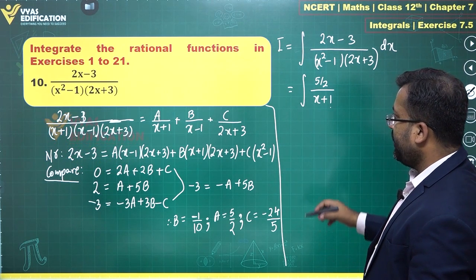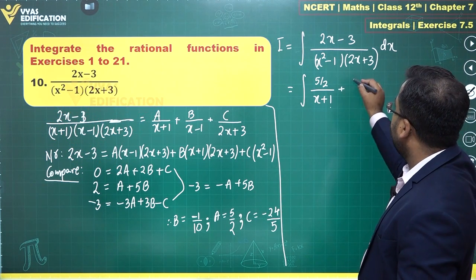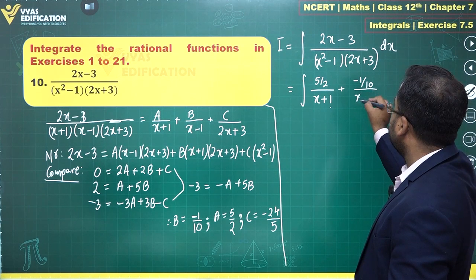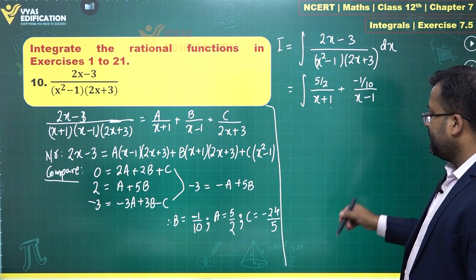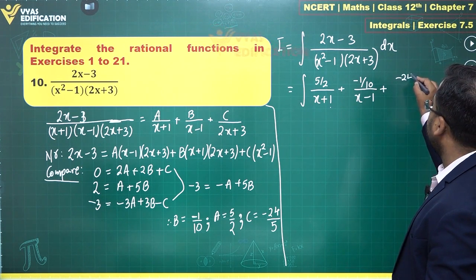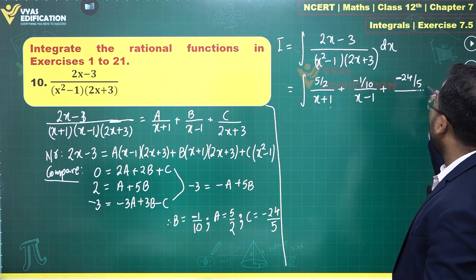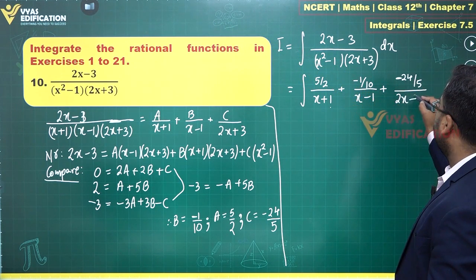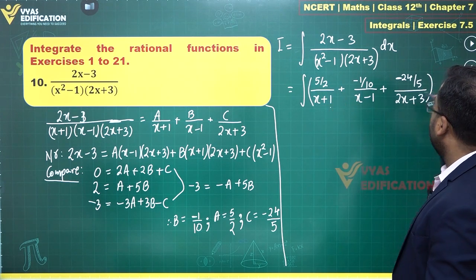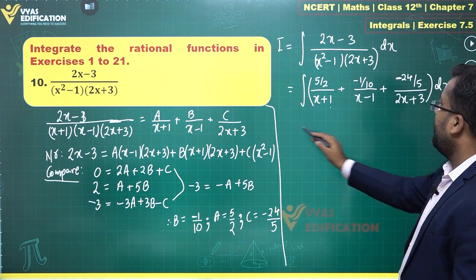Then you have b upon x minus 1, which is minus 1 by 10 upon x minus 1. And you have c, which is minus 24 by 5 upon 2x plus 3 times dx. This is what you have.